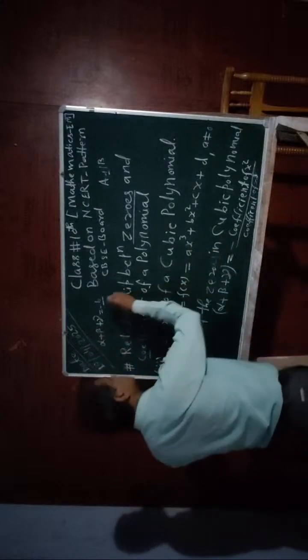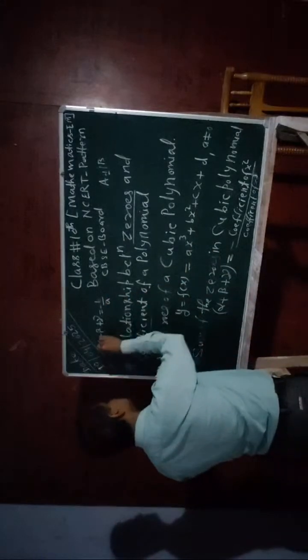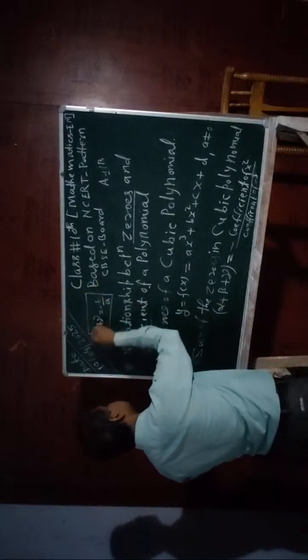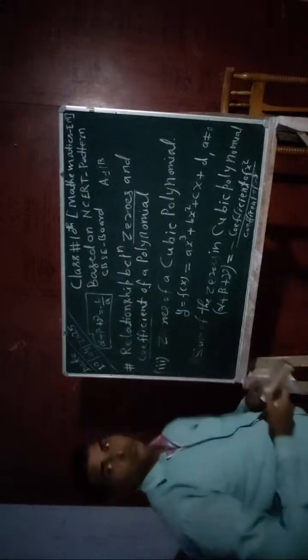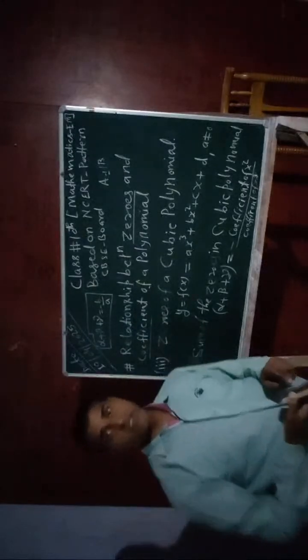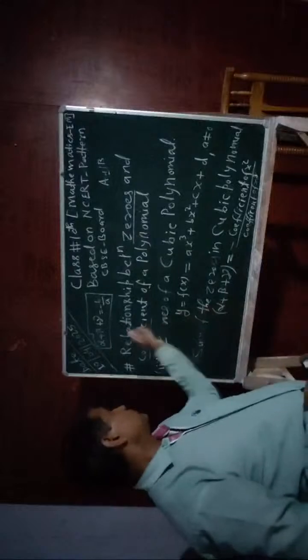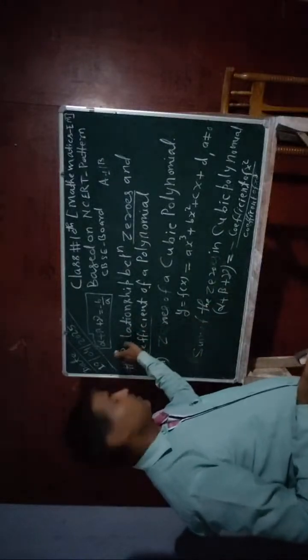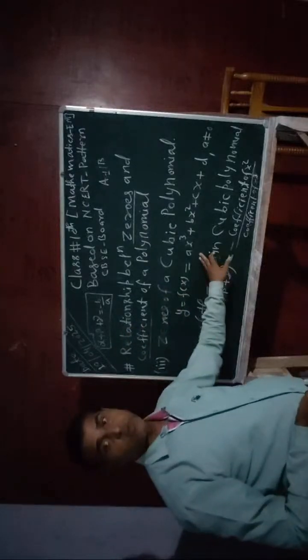So in symbolic form, alpha plus beta plus gamma is equal to minus b divided by a. This is the formula and we have to remember it, because I will use this formula in numericals. So one piece of information I have got from this cubic polynomial.